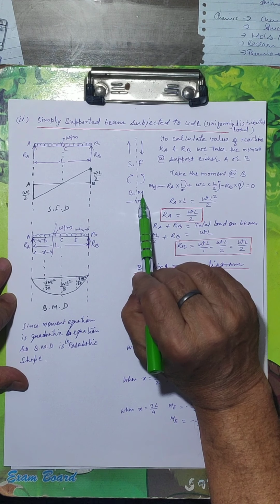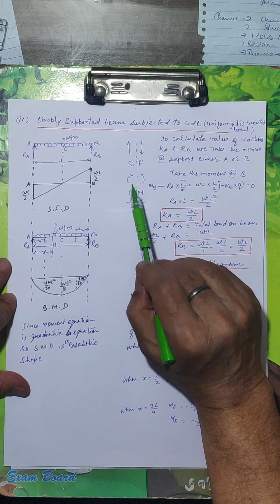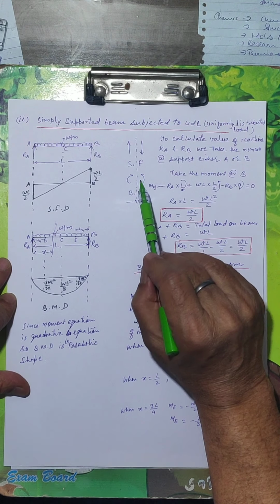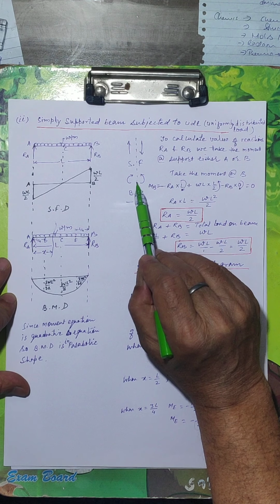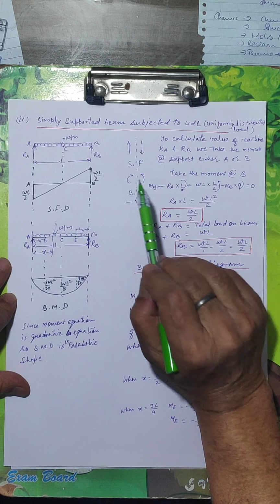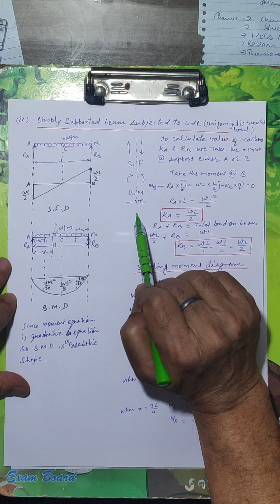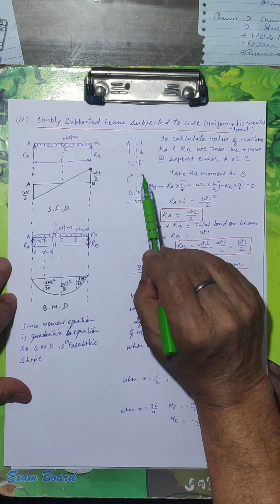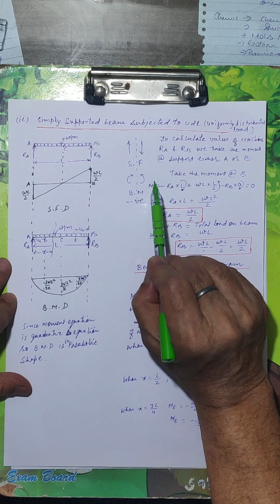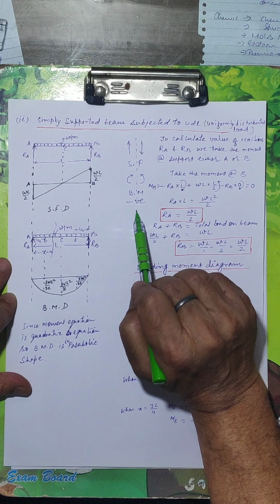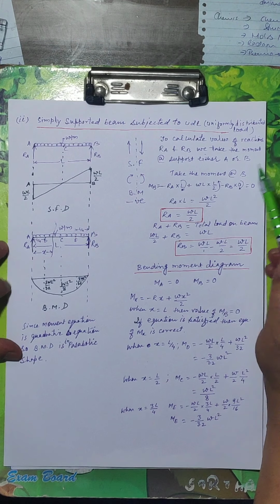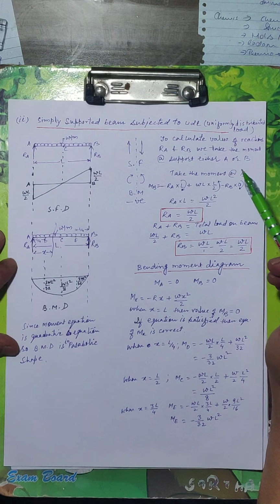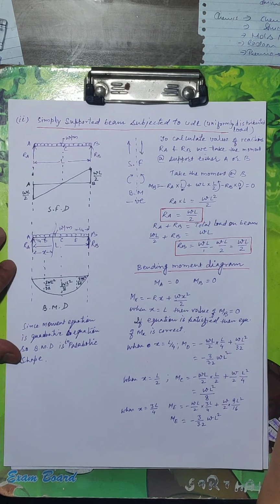Similarly, bending moment, if the bending moment is clockwise and it is left side of the section, it will be taken as negative. If it is anti-clockwise and right of the section, it would be taken as negative. This is sign convention. So first of all, we will calculate the reactions RA and RB.